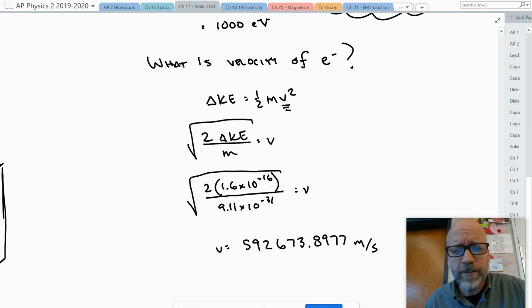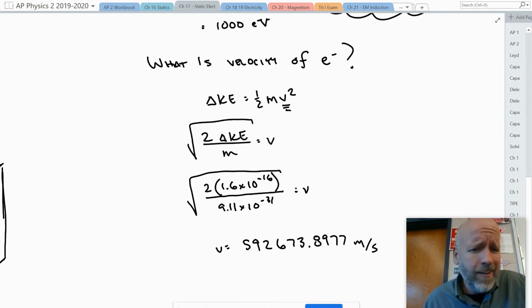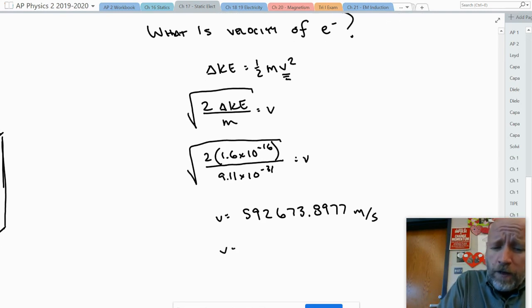Yeah, it looks stupid, doesn't it? Looks like that's written down by somebody who doesn't understand numbers. Given the information here and the precision we were working with, you don't know that velocity that close. So I'm going to round that to 5.9 times 10 to the 5 meters per second.